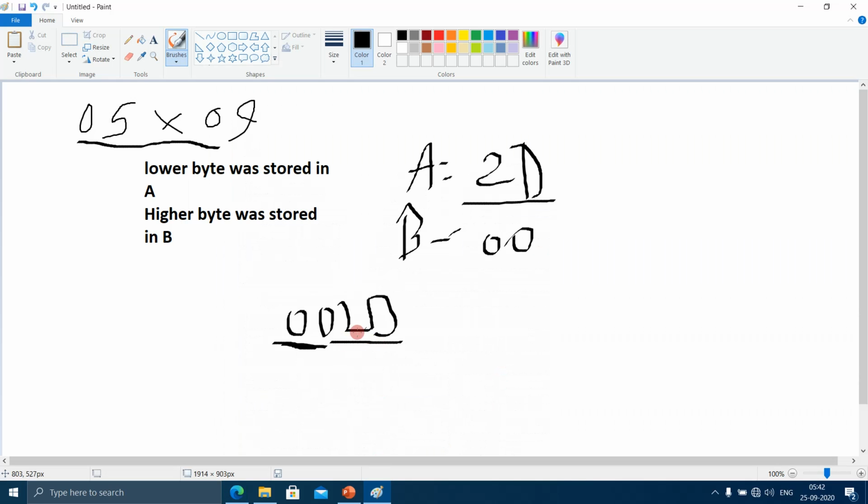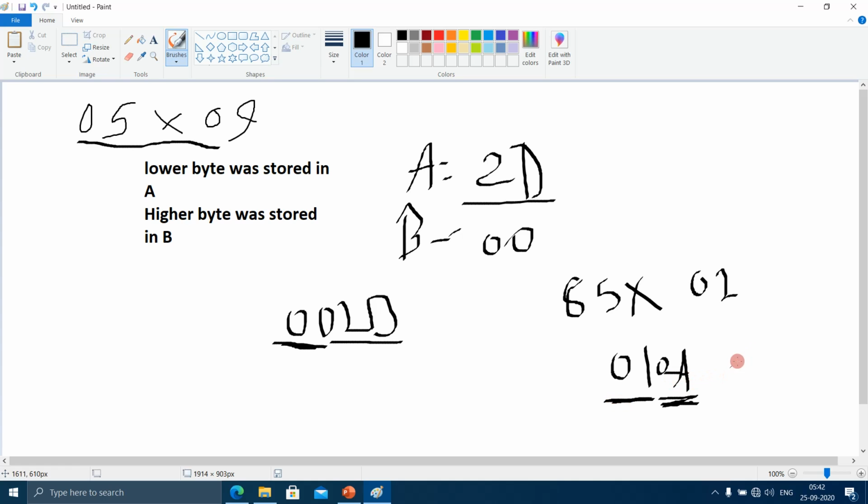So here what we had discussed was when we will multiply 85 into 2, what result are we going to get? 10A, or we can say 010A. Here 0A is a lower order byte and 01 is a higher order byte.